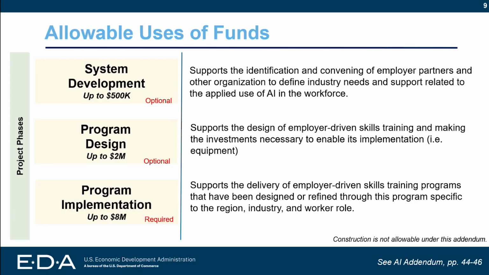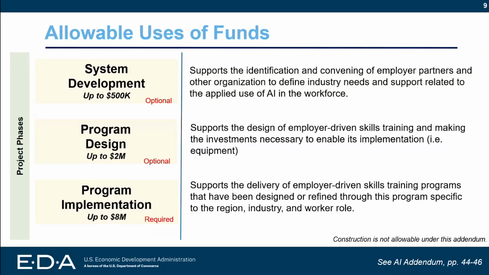Allowable uses of funds. The AI Upskill Accelerator program has 3 sequential phases. Phase 1, system development. This phase supports convening partners, understanding AI needs, and establishing governance and roles. Phase 2, program design. This is where curriculum, competency models, training pathways, and necessary infrastructure are developed. And phase 3, program implementation, which is required for all applicants.